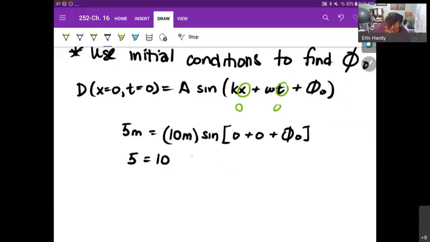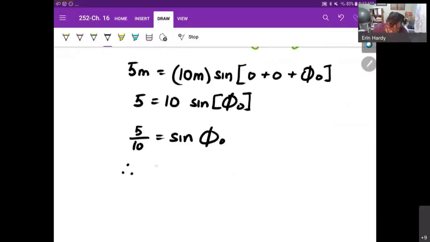I have 5 is equal to 10 sine phi naught. So we can solve for phi naught just by taking the inverse sine of 5 over 10. In other words, we're going to divide 10 from both sides. Let me just make this into a new step. So 5 over 10 is equal to sine phi naught. Therefore, phi naught is going to be the inverse sine of 1/2.